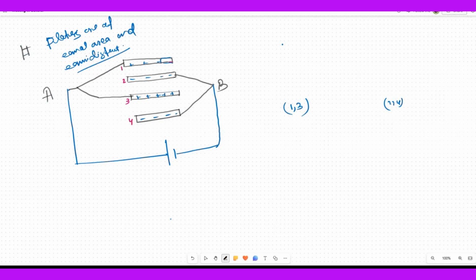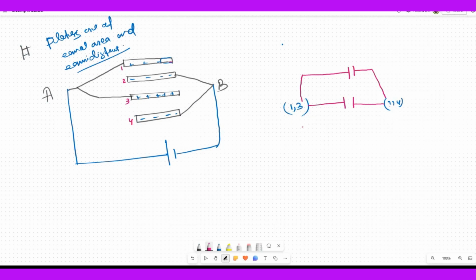Okay? So now we are going to find the presence of capacitance over there. Where? Between 1 and 2, there is a capacitor. Between 2 and 3, there is a capacitor.